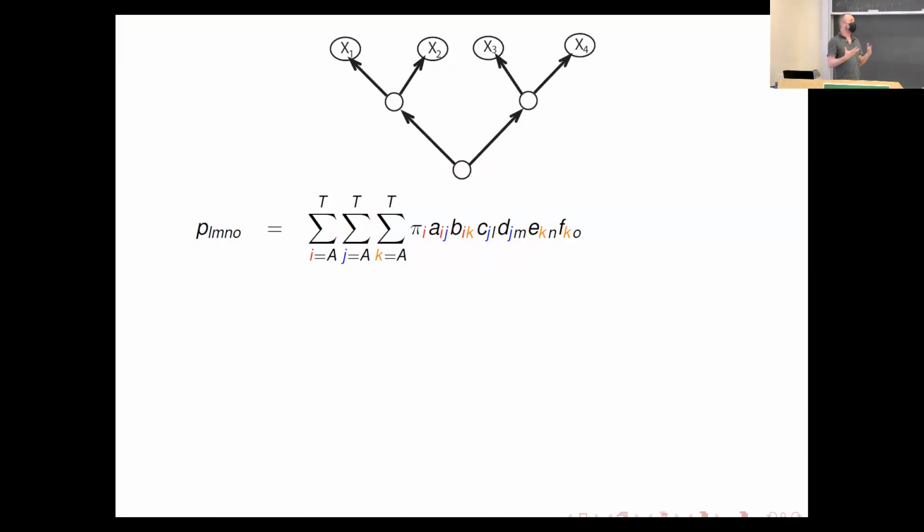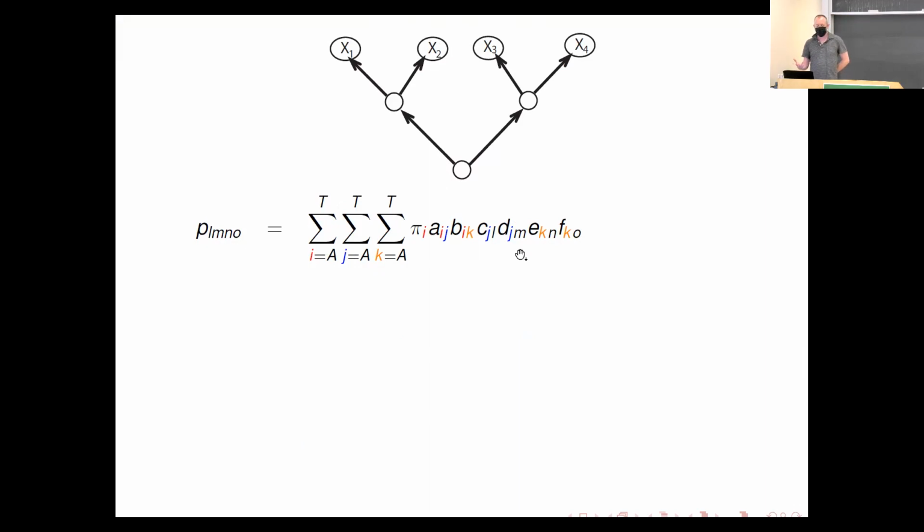Okay, so let me try to give you one example of what these equations look like and how we use some basic ideas to figure out what some of the equations look like. So here's a tree with 4 leaves, and the probability of observing LMNO at the leaves across the top here is going to be a polynomial of degree 7, and it has 64 terms, and it's this polynomial here.